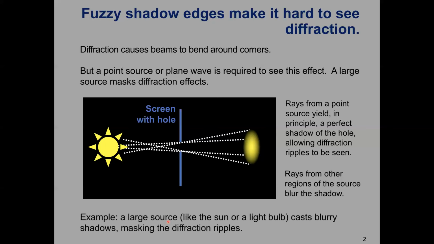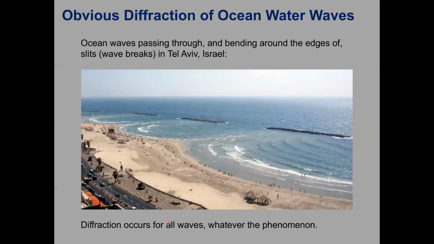So as an example here, this is a picture from a beach in Tel Aviv where, a bit offshore, they have these things called wave breaks that are basically supposed to stop large waves that are coming in, waves that are too large and dangerous.